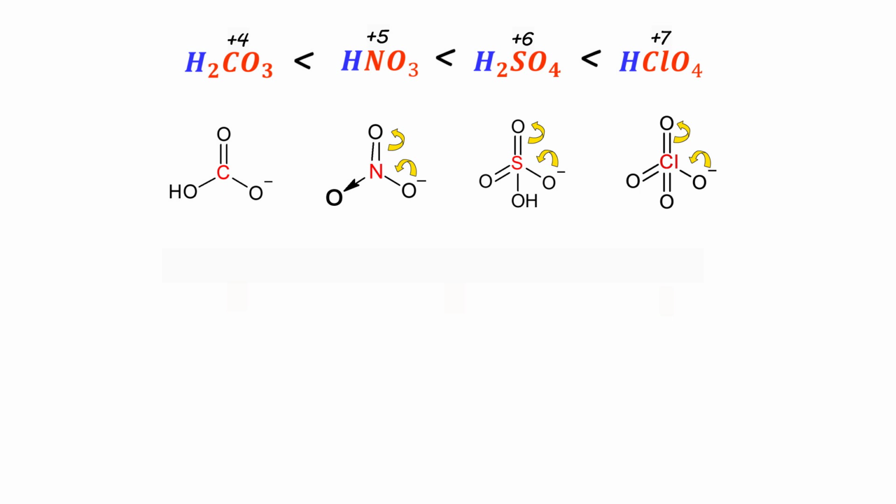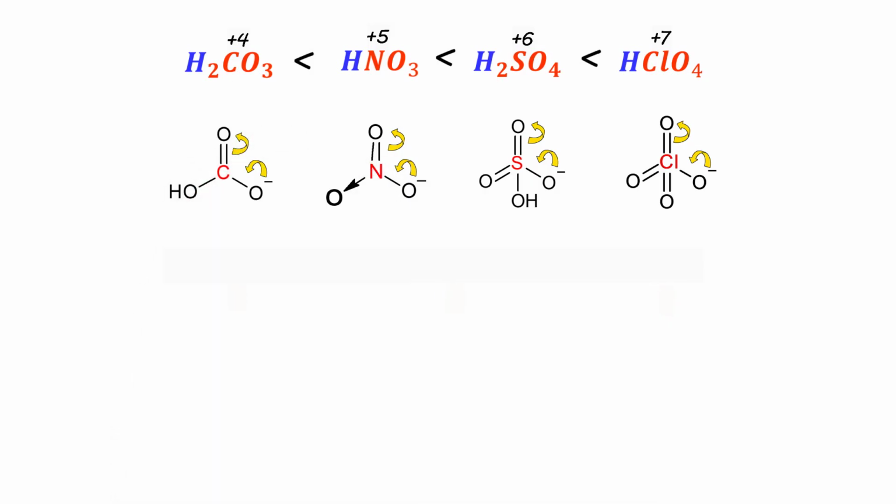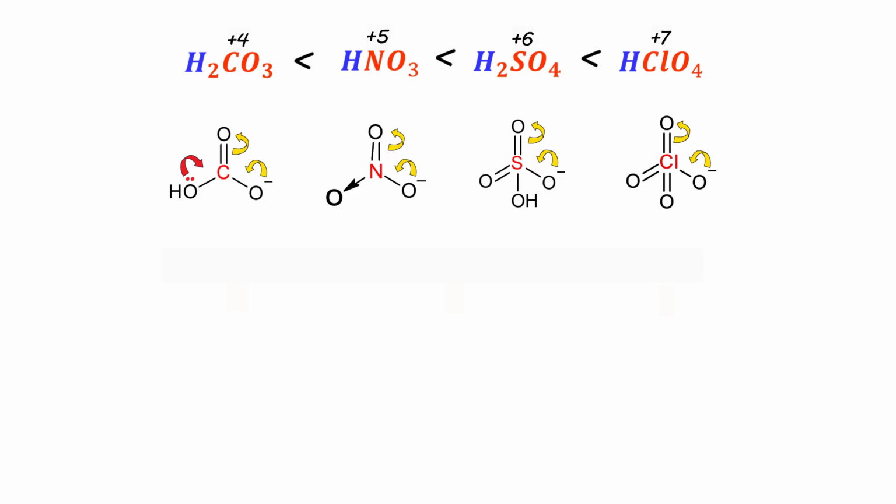Now, in the case of carbonic acid, there is nevertheless the delocalization of negative charge onto the doubly bonded oxygen, but due to the presence of a lone pair of electrons on the hydroxide group, that can also get involved in resonance, hence competing with the earlier delocalization.